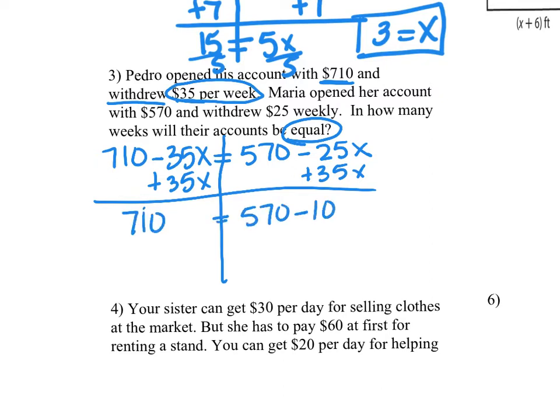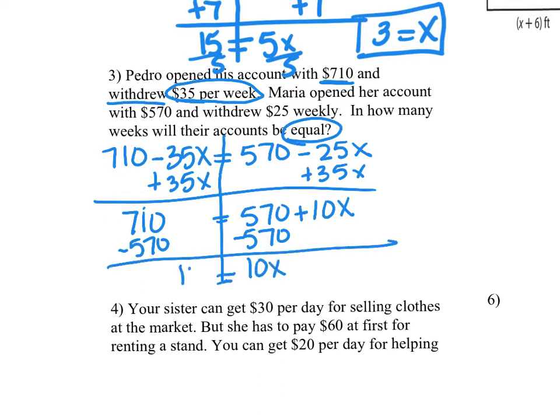Negative 25 plus 35 is positive 10x. Now I'm going to move the 570. So 10x is equal to 140, because 710 minus 570, I got 140.